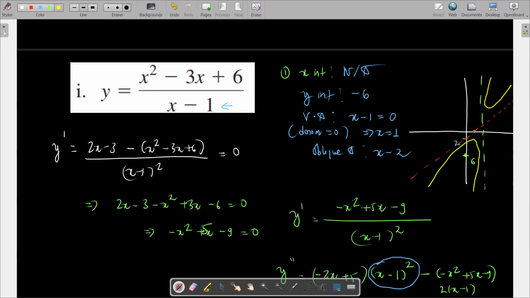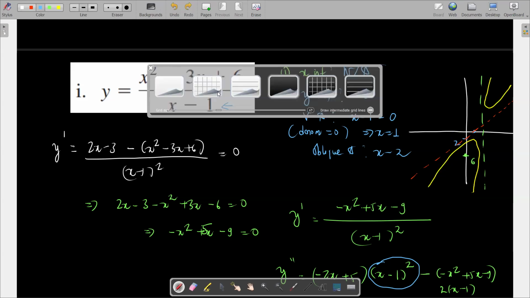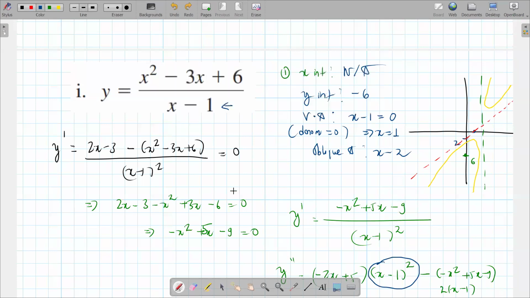But if it did look like that, we should have had critical values because there's a vertex here. So the fact that we don't have x-intercepts means I'm pretty sure it looks something like this, which means our first derivative math is wrong because there should have been a vertex.